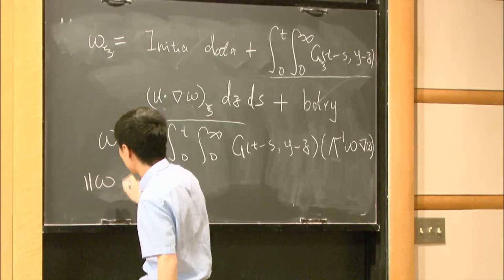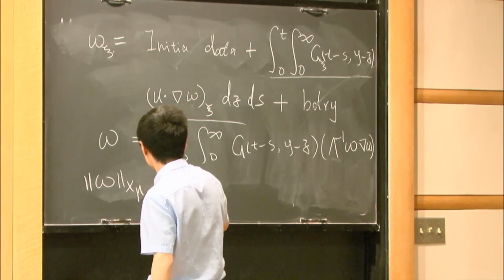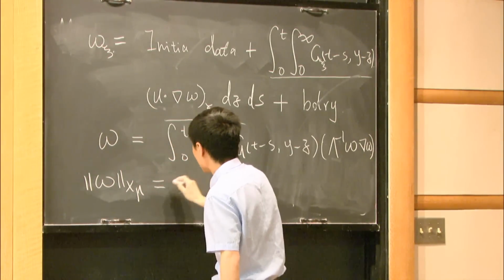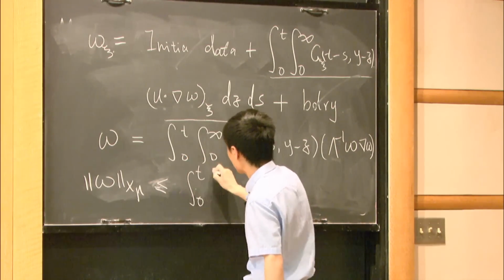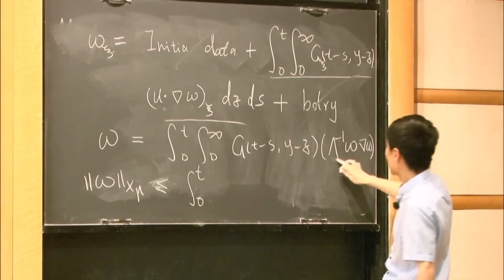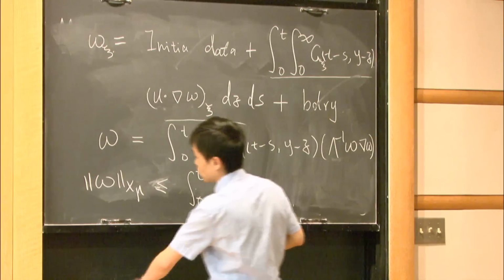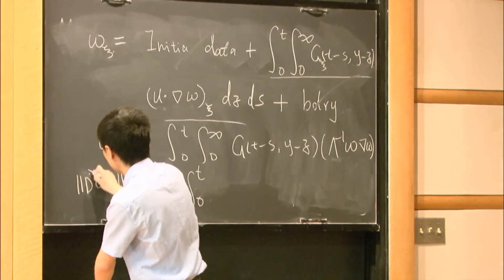Let's say you have this X_mu norm, and in the energy estimate you have an integral from 0 to t. I want to consider the second derivative.